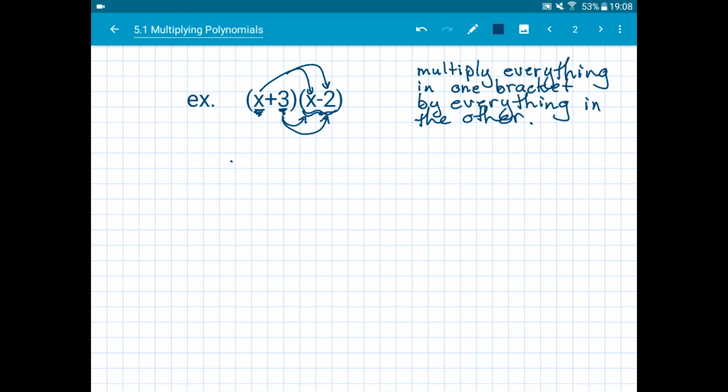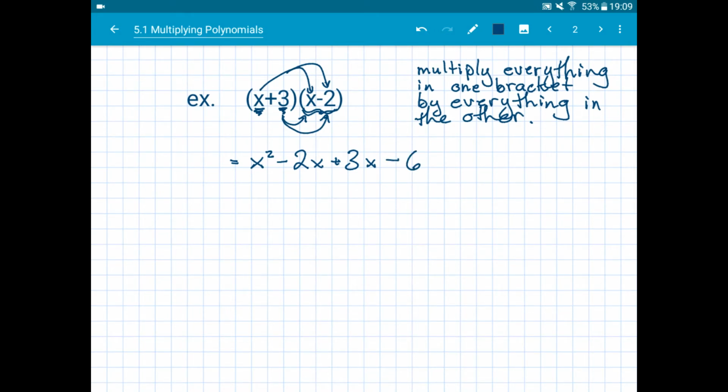So altogether, x times x gives us x squared. x times minus 2 gives me minus 2x. 3 times x gives me plus 3x. And 3 times minus 2 gives me minus 6. So what do we have? We have x squared. Let's put these together because we have minus 2x's and 3x's makes 1x. So you can just write it like that. And then we have the minus 6.